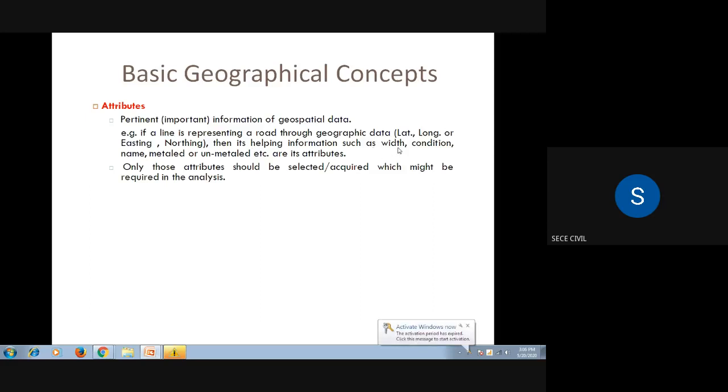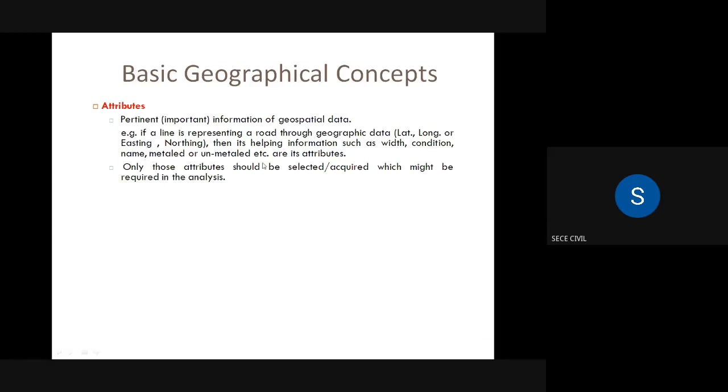We have to know the width of the road, condition of the road, name, whether it is metalled or unmetalled, etc. These information only we are naming as attributes. So these are the attributes.